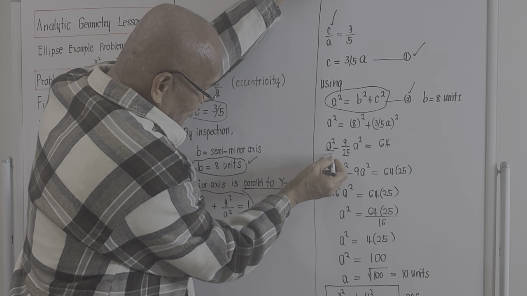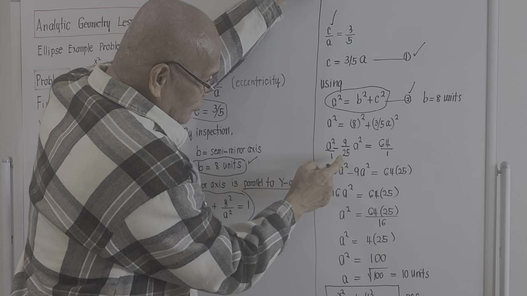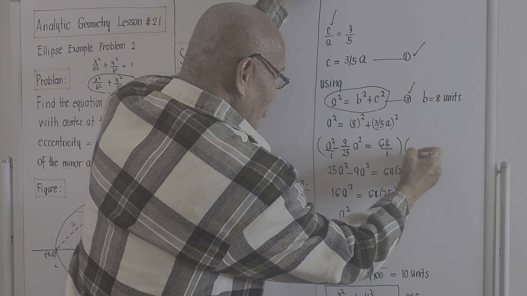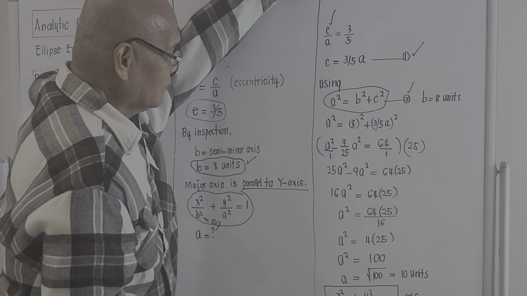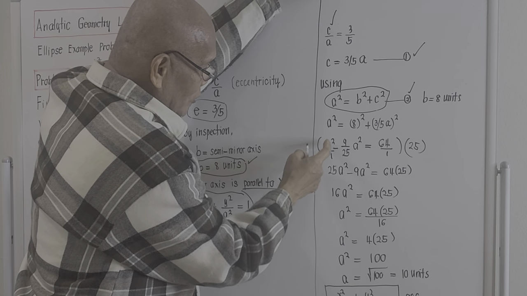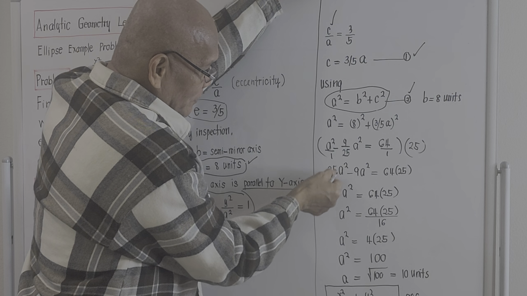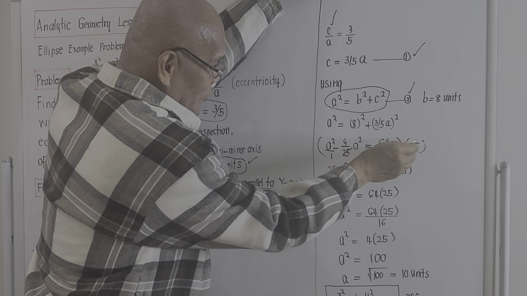The denominator of this one is 1. The denominator of this one is 1. So to eliminate this 25 here, we must multiply all this by 25. So A square over 1 times 25 will be 25A square. 9 over 25A square times this 25 here, cancel with this.